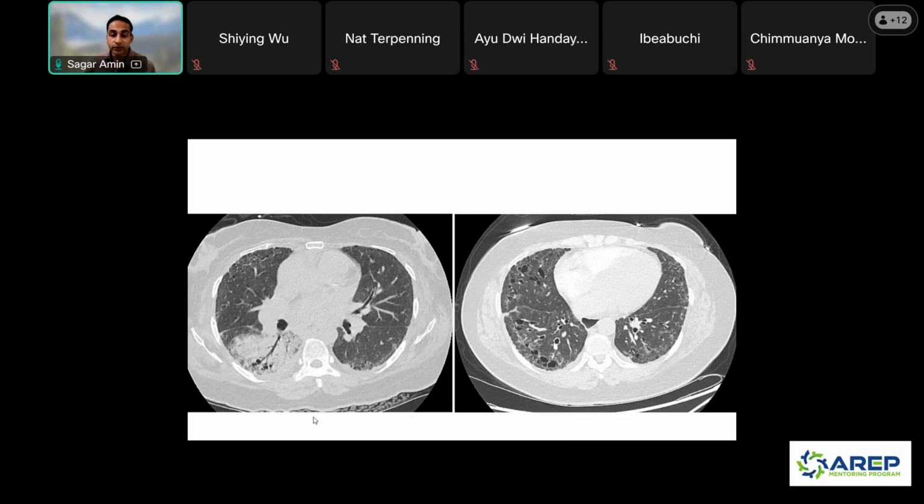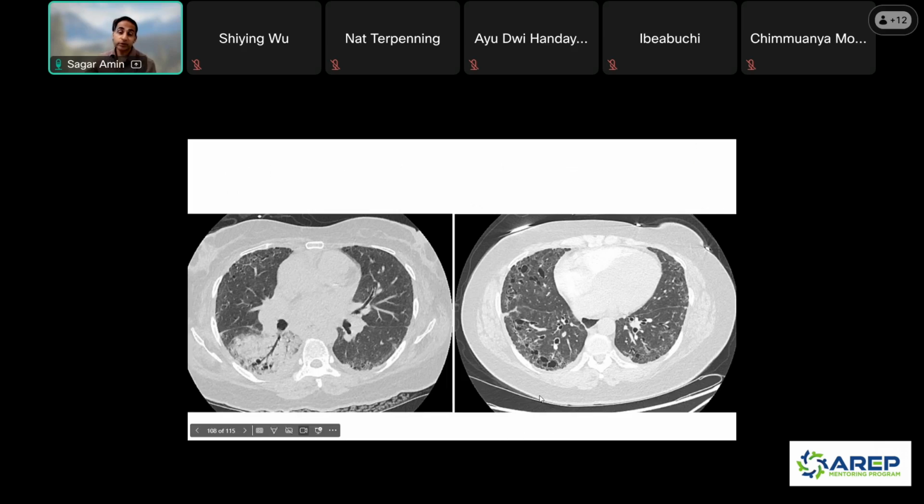So the important concept is that they used to look like this, and then they developed this consolidation. I'd say most people, especially residents, would say this is pneumonia, and they could be right. Usually they are. But the other thing to think of whenever you see a patient with interstitial lung disease is, could it be some sort of exacerbation of their underlying autoimmune cause resulting in pneumonitis?